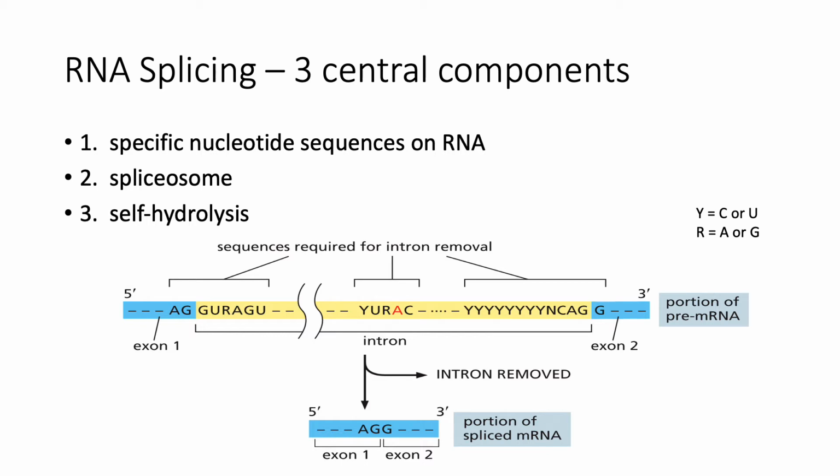And then somewhere towards the middle of the intron, usually 50 nucleotides upstream from the 3' end, there is another conserved sequence, which is Y, again C or U, U, R, which is A or G, and A and C. The A that's in red is really the most essential. And so the A is going to turn out to play a role in the splicing process.